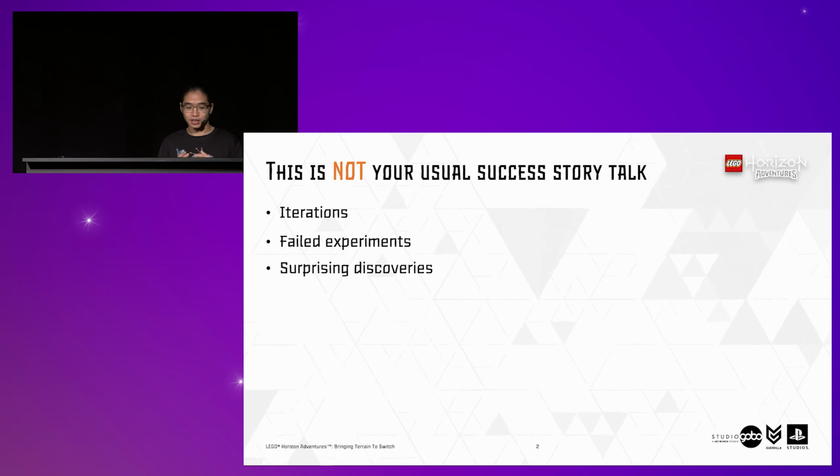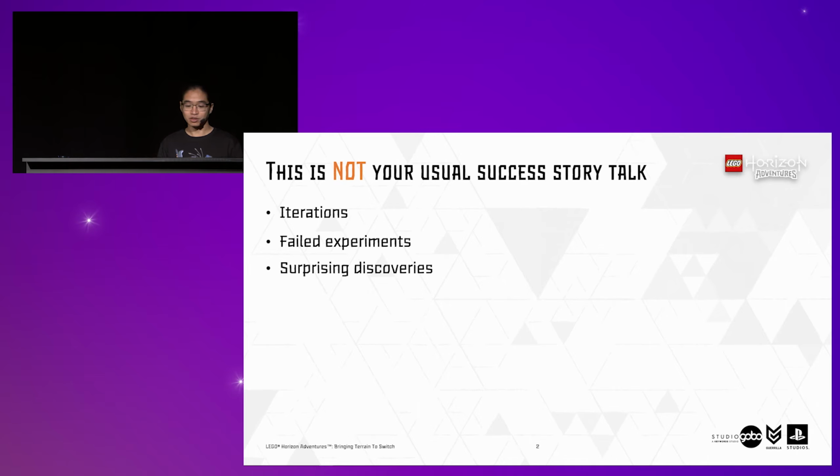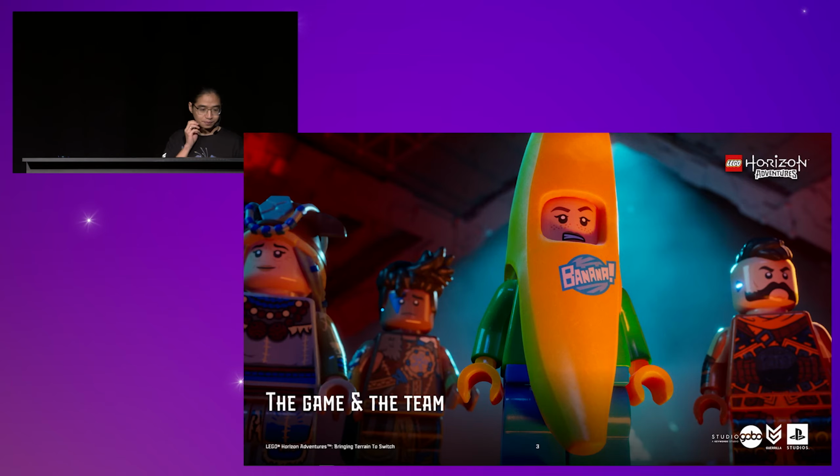This involves a couple of failed experiments, as we found some assumptions didn't work as we expected. Ultimately, I hope that what we discovered may be helpful for you if you ever encounter something like this. So without further ado, let's embark on our Lego terrain adventures.